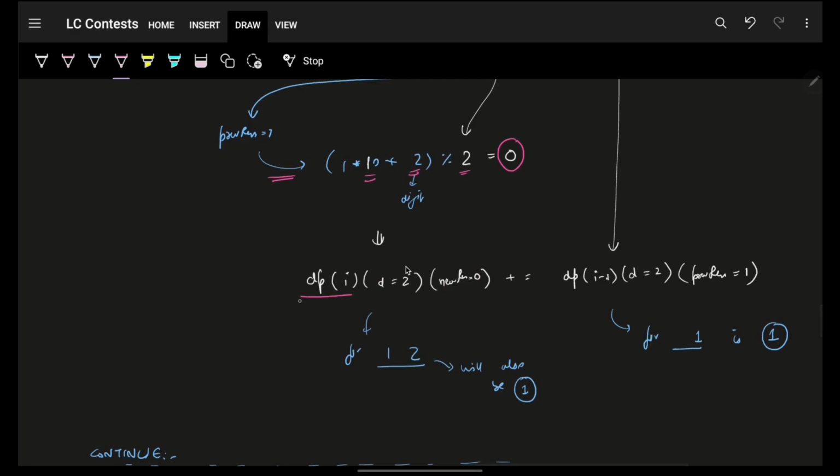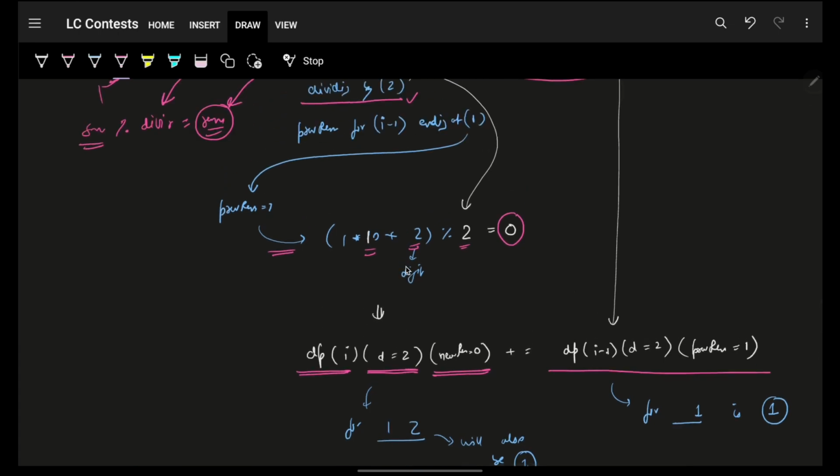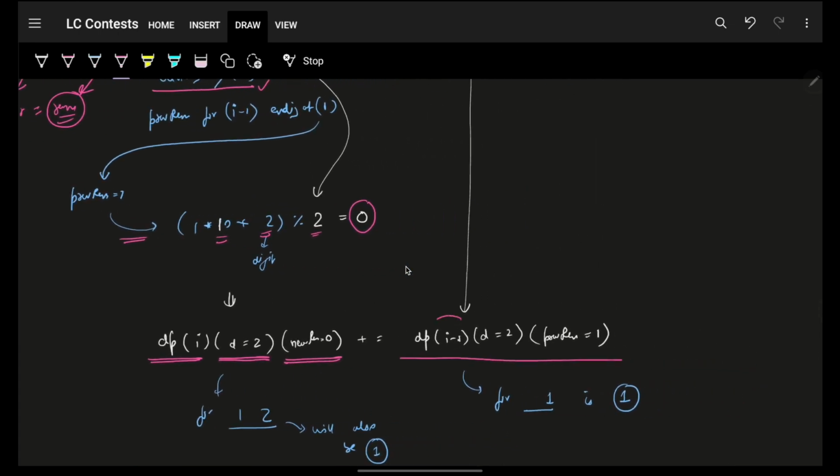Which ultimately indicates that for dp of I, which means ending at the current index with a divisor of 2, taking my new remainder as 0, I can leverage my previous state, which says that ending at the previous index, taking the divisor as again 2, but with the remainder of 1.